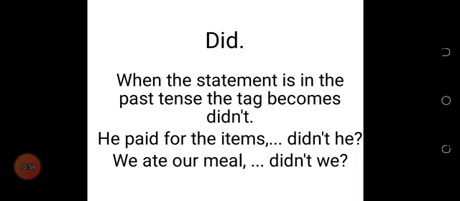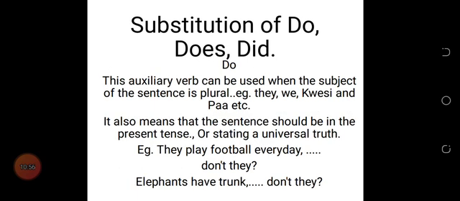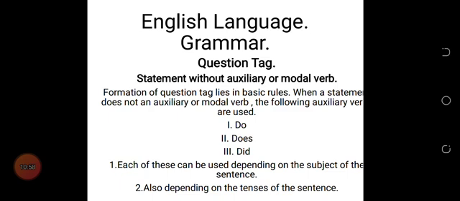Yes. So briefly for today's lesson, we have been taking through the use of do, does, and did. And we have been told that when we want to use these auxiliary verbs, then it means that the statement given, there is an omission of the auxiliary verbs or modal verbs. And so we introduce do, does, and did.